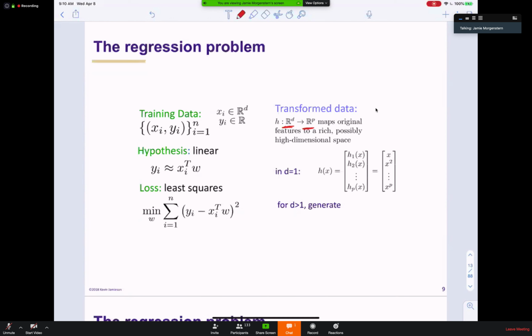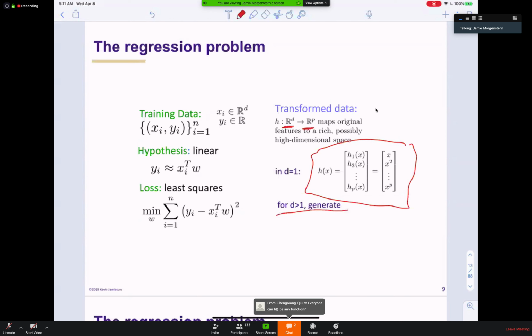If we're thinking about d equal to 1 and h being a mapping from one dimension into a vector of powers of x, h can take x and transform it into a vector of x, x squared, up through x^p, the different powers of x up to degree p.